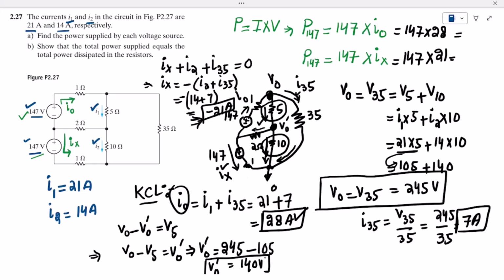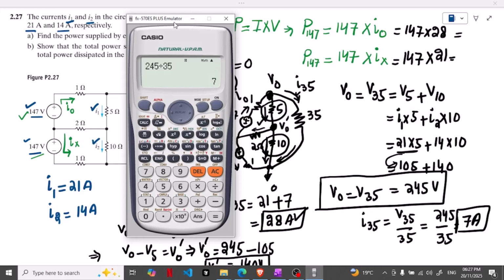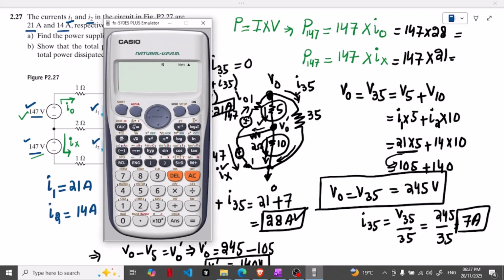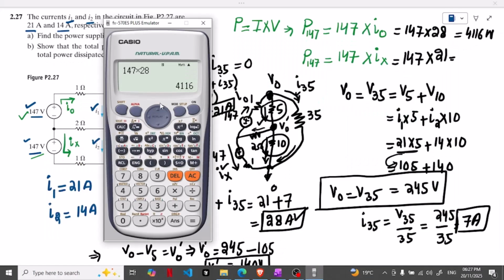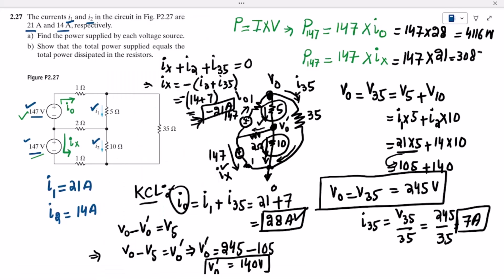So 147 multiplied by 28 is 4116 watts, and 147 multiplied by 21 is 3087 watts. So these are the answers of part A of our question.